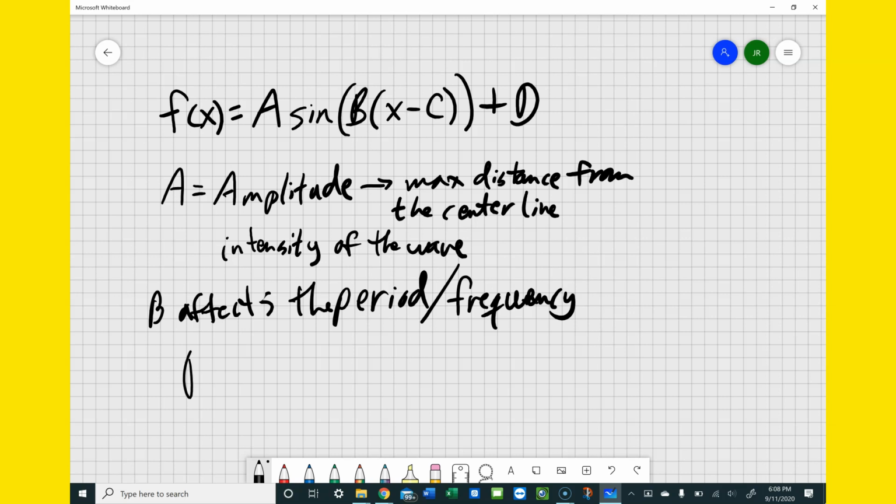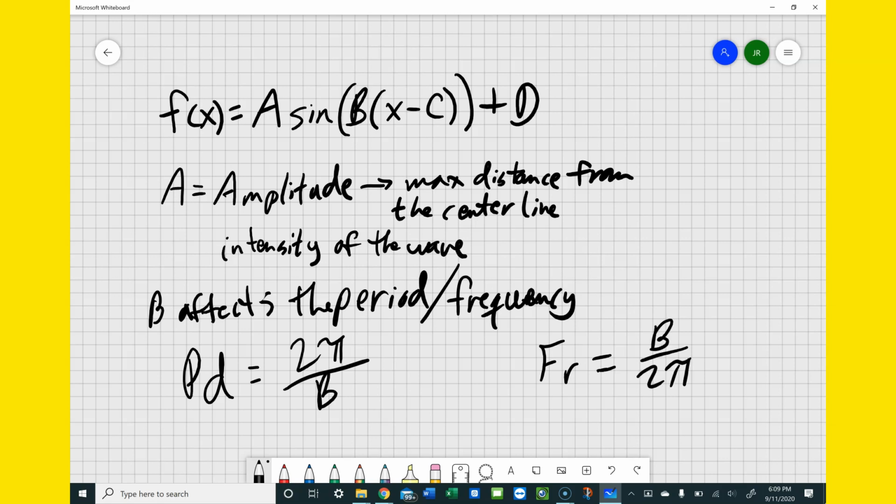The period equals 2 pi over B. Or you could say the frequency is B over 2 pi. So the period and the frequency are reciprocals of one another. So we could write the period as 1 over the frequency, or we could write the frequency as 1 over period.